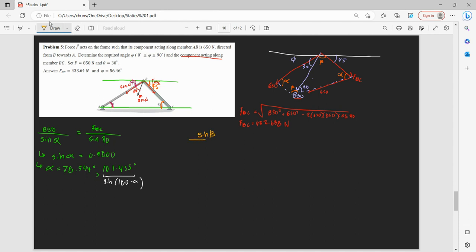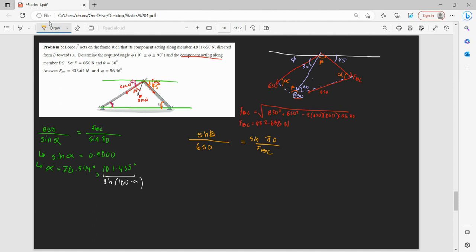So sine beta is across from 650, which equals FBC, nope, other way around. Sine 30 over FBC.